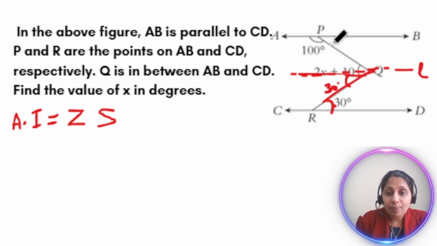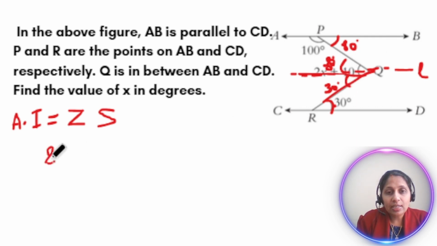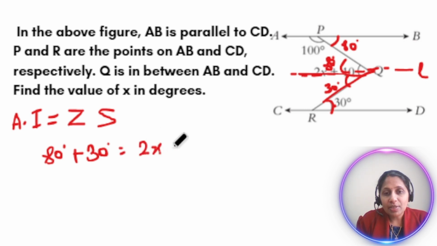As per the linear pair concept, this angle is 80 degrees, right? 100 plus 80 gives you 180 degrees, which means a linear pair, a straight angle. If this is 80, then obviously this side will also be 80 because alternate interior angles are equal. Now, if you sum up both, 80 degrees plus 30 degrees, you get 2x plus 10 as per the figure.